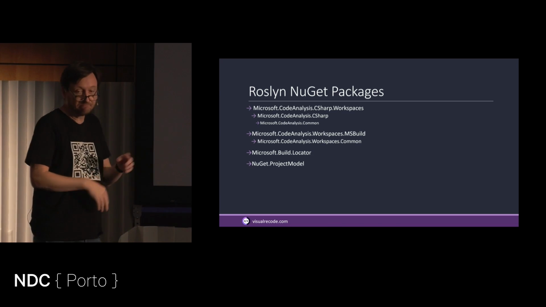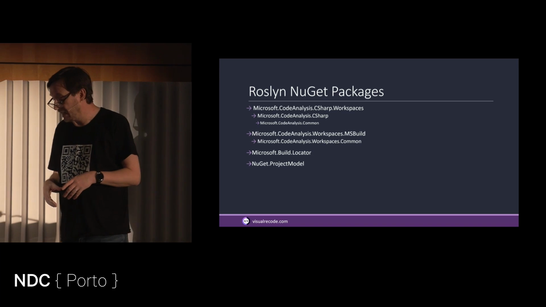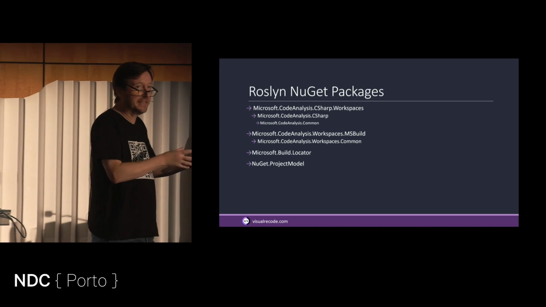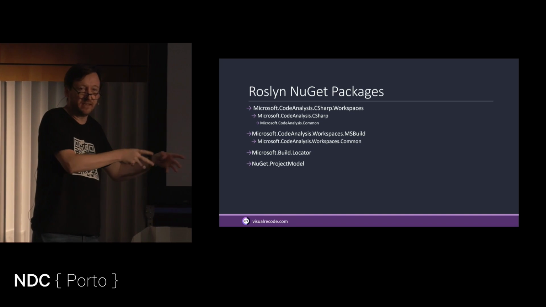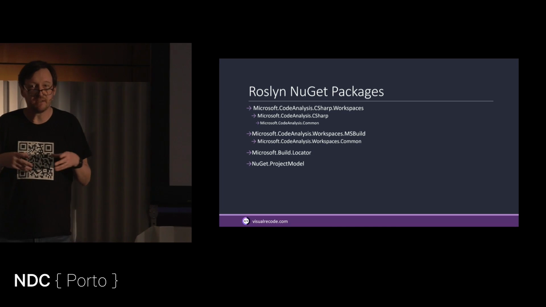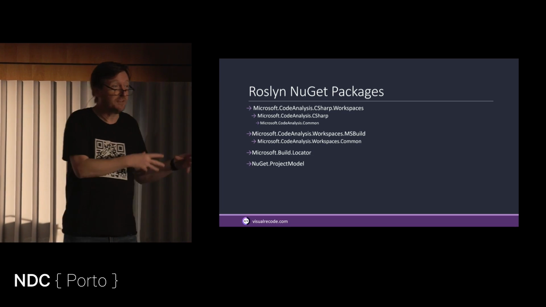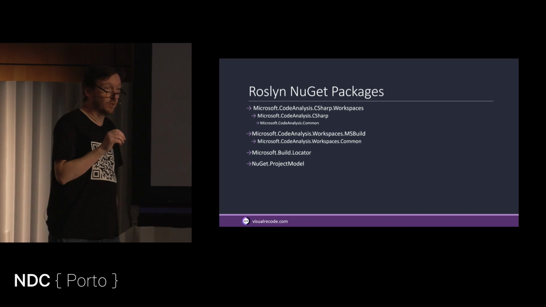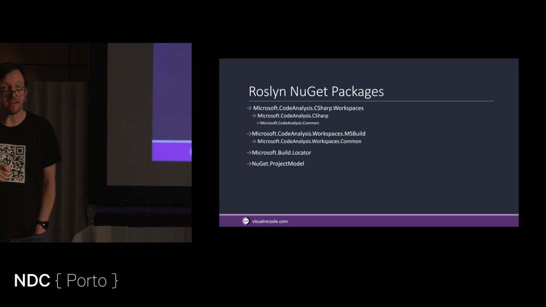So Roslyn, if you don't know what Roslyn actually is, up until the early 2010s, the C# compiler was written in C++, and the VB.NET compiler was written in C++, and it was becoming extremely difficult to maintain it.